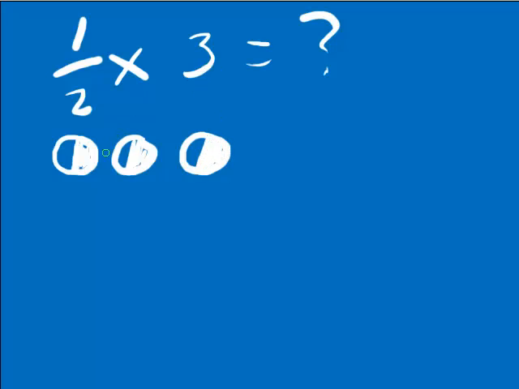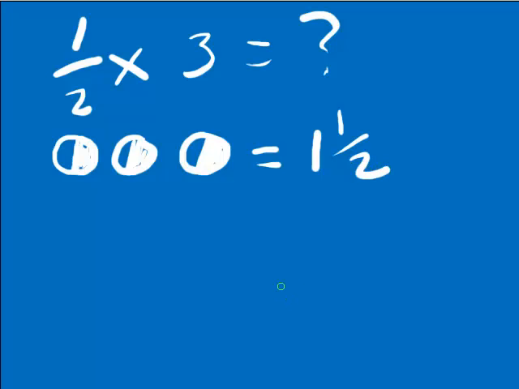So there's my 3. 1, 2, 3 halves. Now if I look at this, I can see very quickly that I've got a half here. I can take this half and put it on this side, and I can make a whole. So I've got one whole, and then I've got one half left over. So I've got 1 and 1/2.